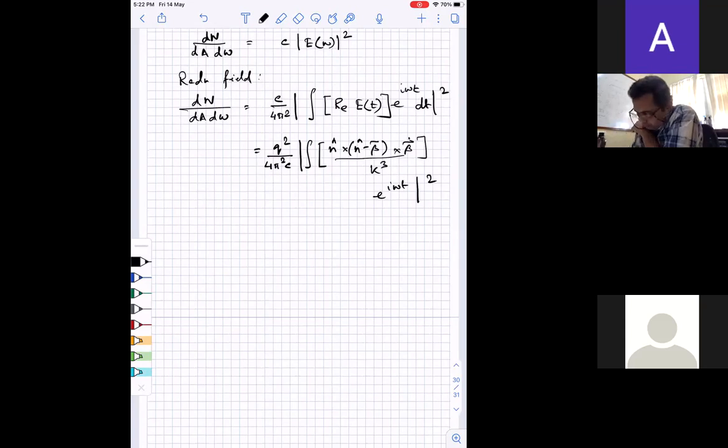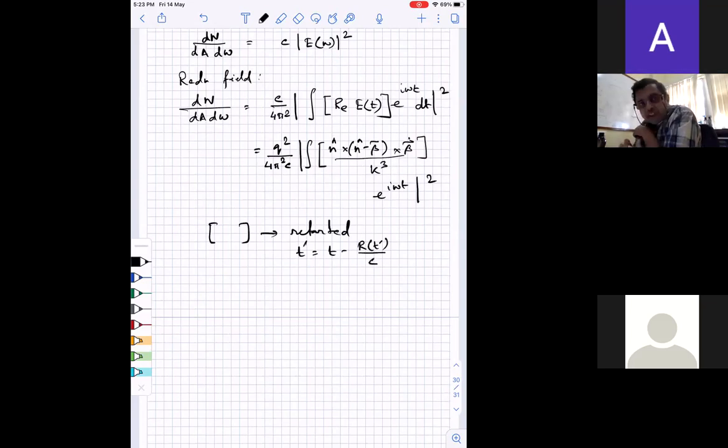So your t prime is equal to t minus r of t prime by c.